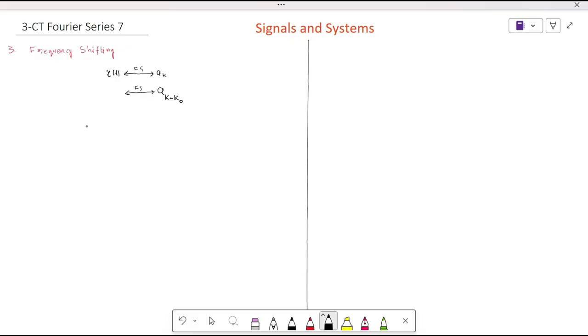I'm taking the Fourier series coefficient formula: ak equals 1 by T integral 0 to T x of t into e power minus jk omega naught t dt. What we have to do is find the ak minus k naught signal.